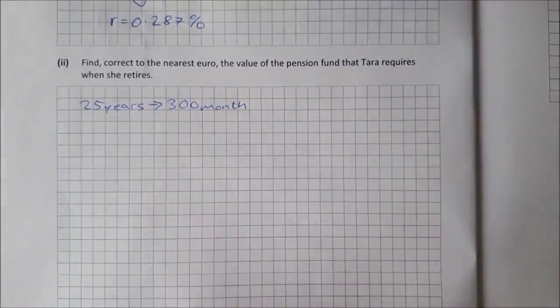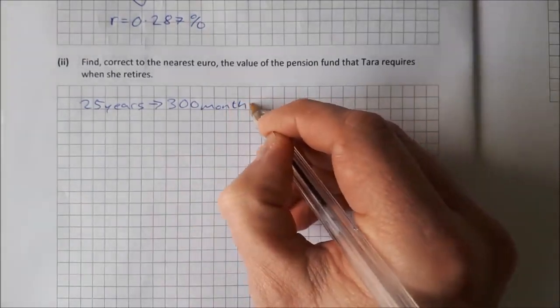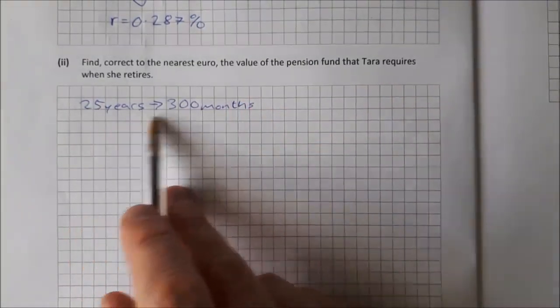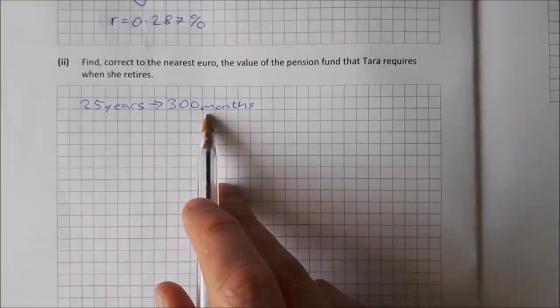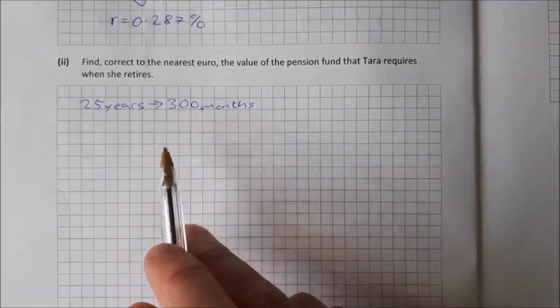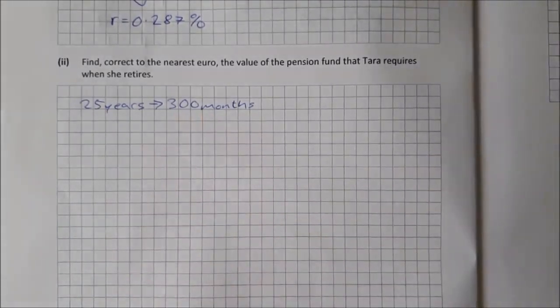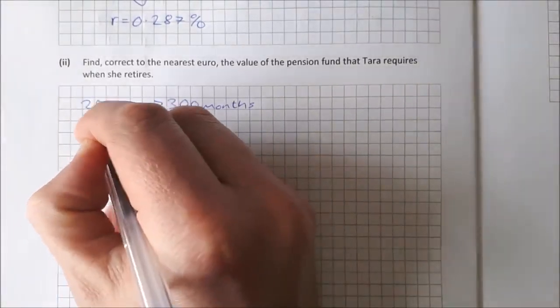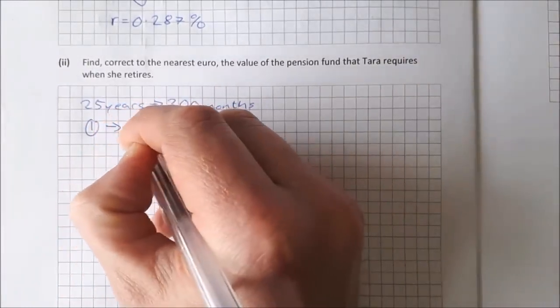So she needs 300 months of €2,000 a month. So she's getting €2,000 a month for 300 months. But we have to take into account the present value of that €2,000 at the time of retirement. So in month 1, she gets €2,000.